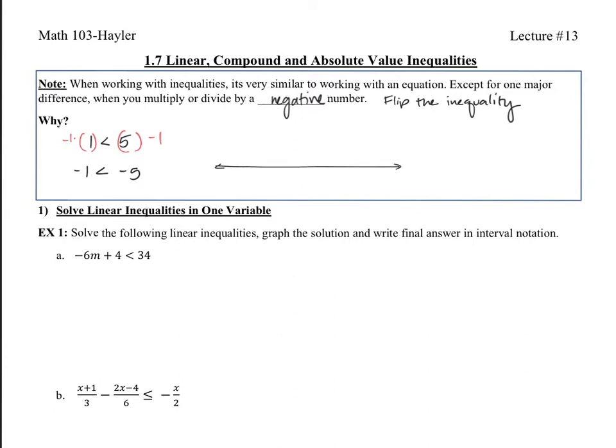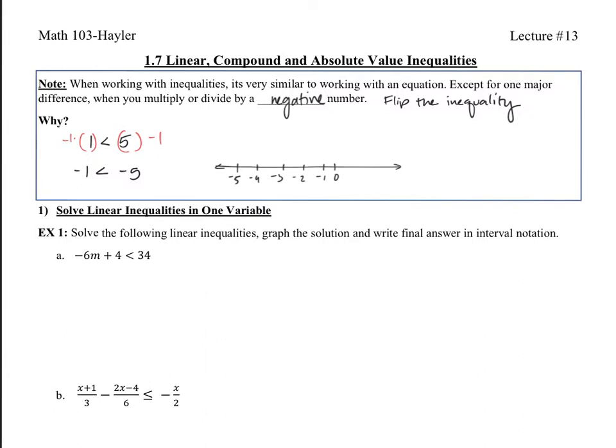On a number line, we have 0, negative 1, negative 2, negative 3, negative 4, negative 5. So this inequality is telling me that negative 5 is greater than negative 1, which is actually not true. The farther back we go on the number line, the smaller the numbers get. This inequality doesn't make sense when I multiply by a negative number.